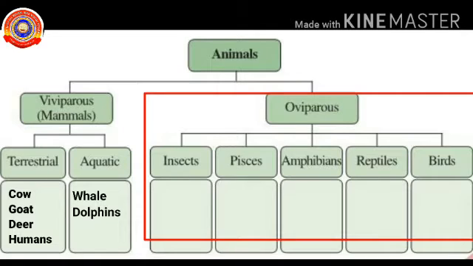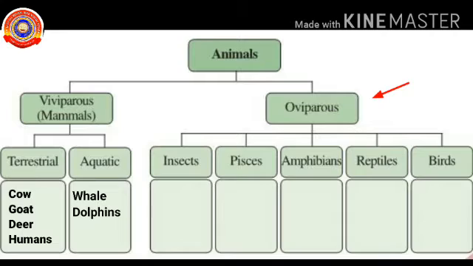Now we can move to oviparous creatures classification. You know that oviparous means egg-laying organisms. We already discussed in detail in the previous classes that insects, pisces, amphibians, reptiles and birds come under this group.